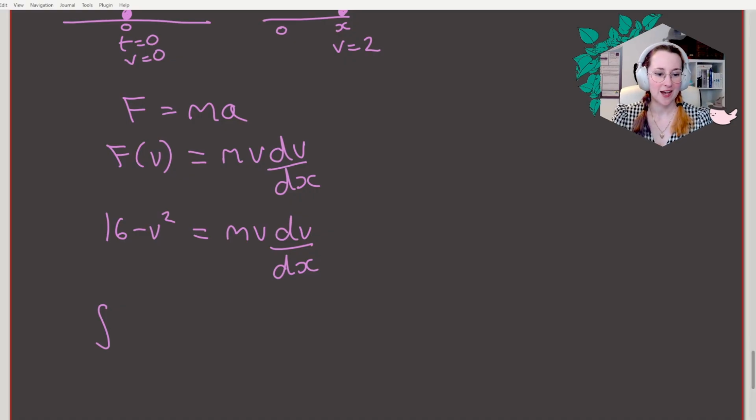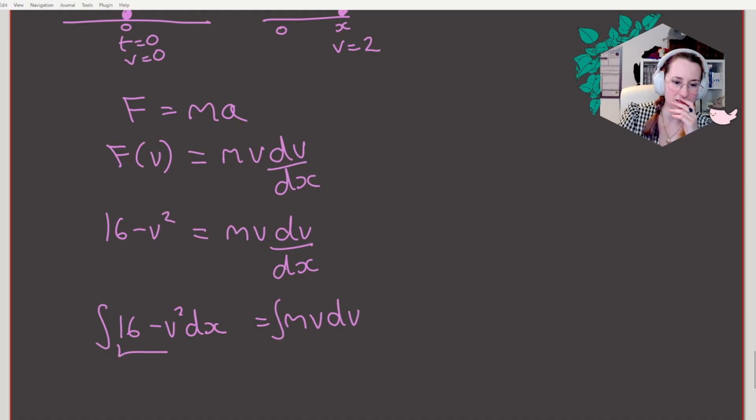It's all good. Okay, so we want x's on one side, so we have to multiply through. We end up with 16 minus v squared dx is mv dv. Now, we could separate this into the integral of 16 dx minus v squared dx, but we can't then do the integration on the other side.